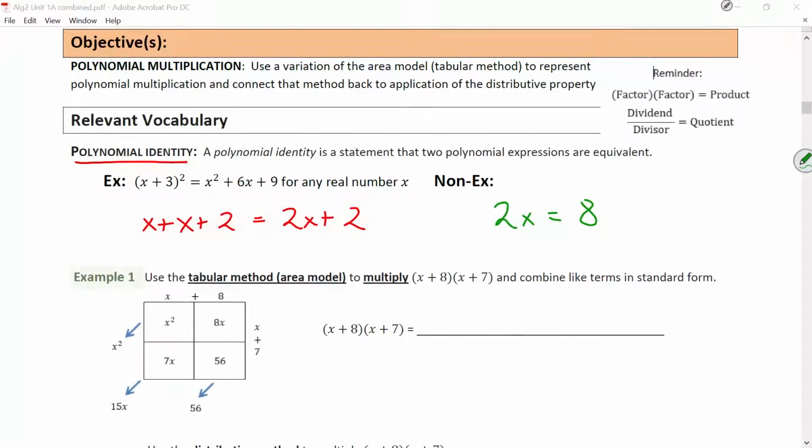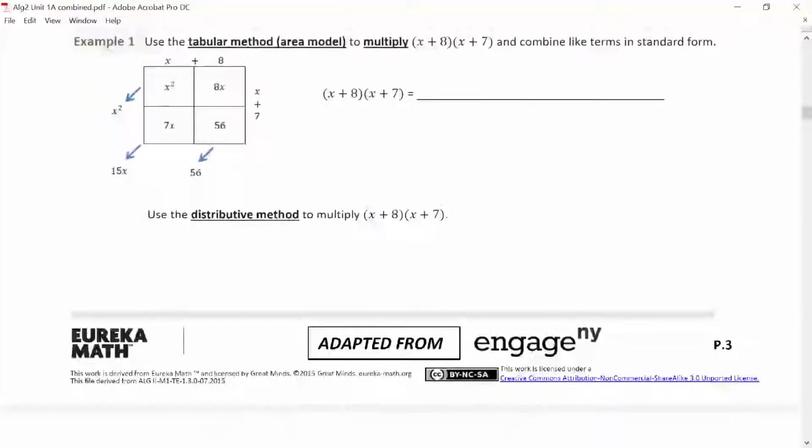Or if I change this to be (x - 3)^2 is equal to x^2 + 6x + 9, this one is also not always true. So we then need to figure out mathematically when it is true, and so it's not a polynomial identity.